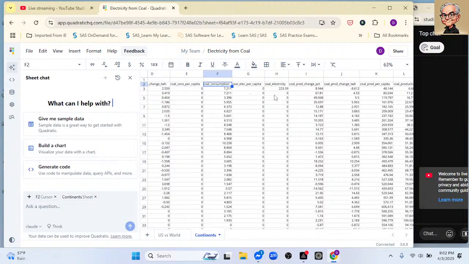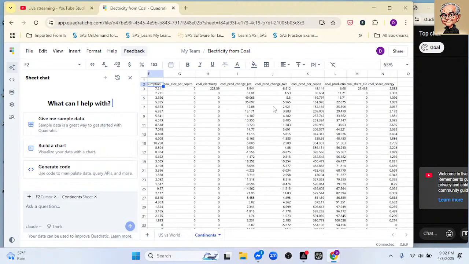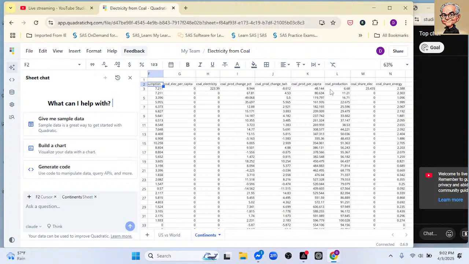So we can look at, for instance, coal production per capita and coal electricity per capita. Coal share energy. Coal share electricity. Coal production, so this should be presumably the number of tons of coal produced.